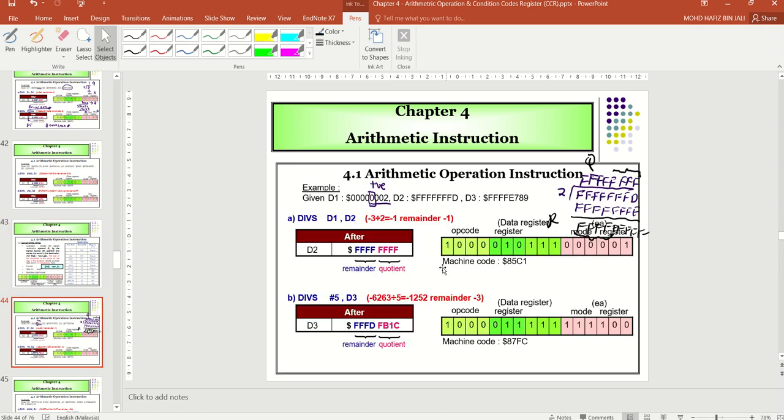So the answer will become quotient FFFF, remainder also FFFF. So you get this answer.